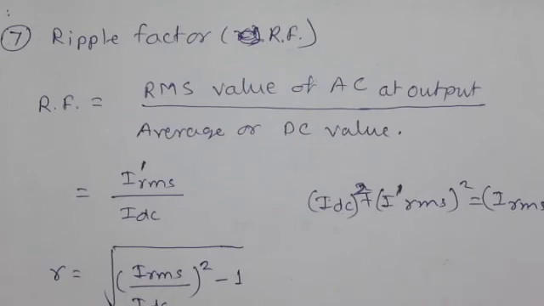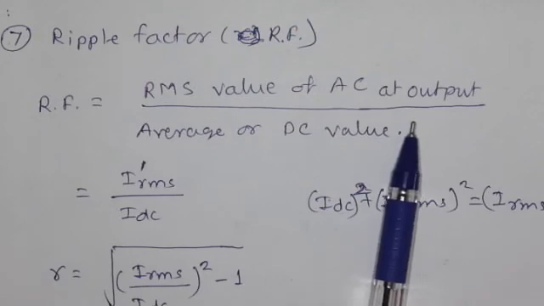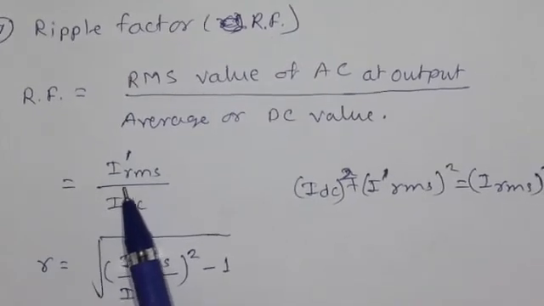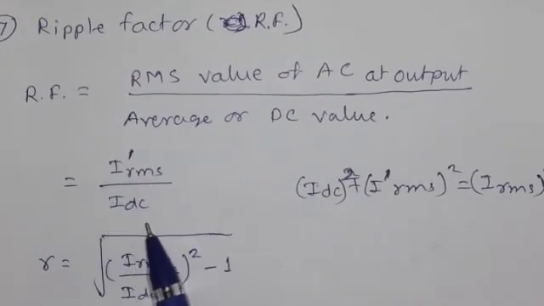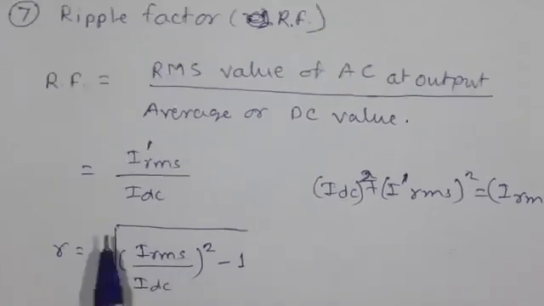That is, the measurement of how much AC component is present at the output is what we call the ripple factor. It is represented as the RMS value of AC at the output side divided by the average or DC value, that is, I dash RMS upon IDC. I dash RMS is not the RMS quantity at the input side, but is measured at the output side, that is, how much AC is present at the output.